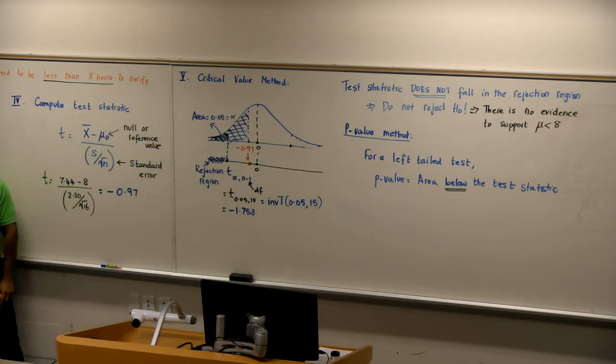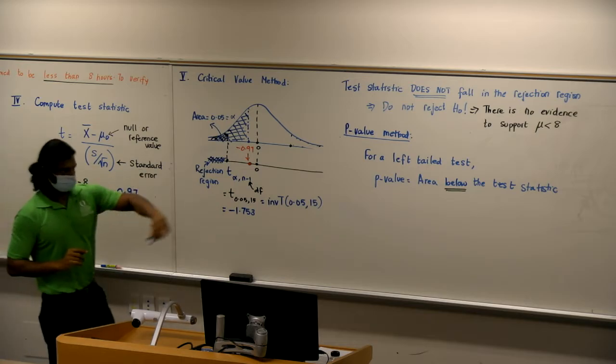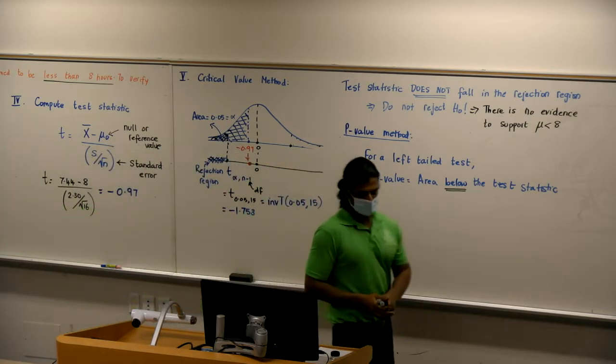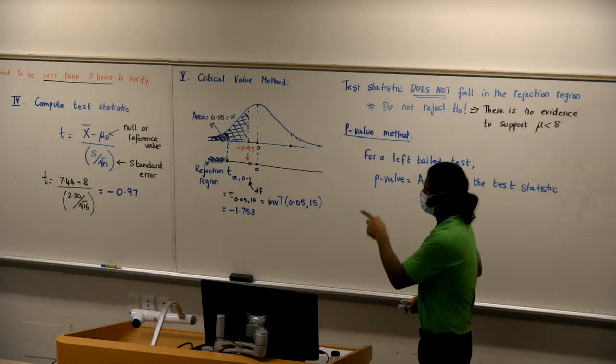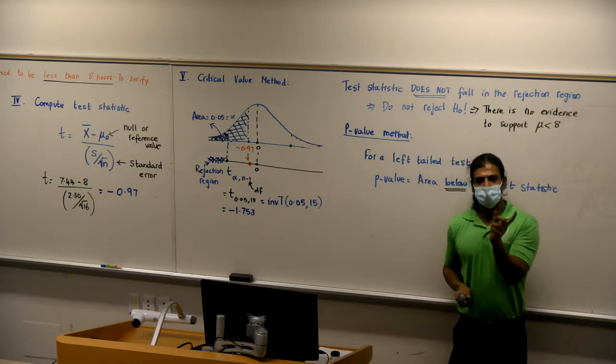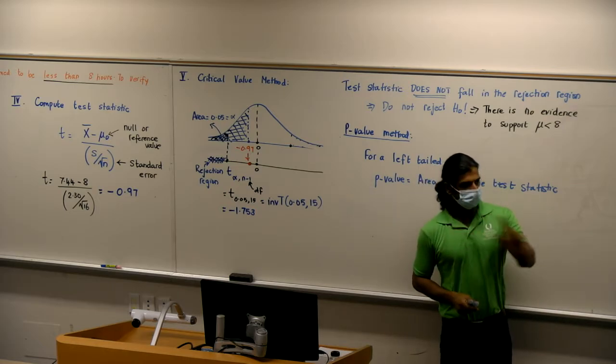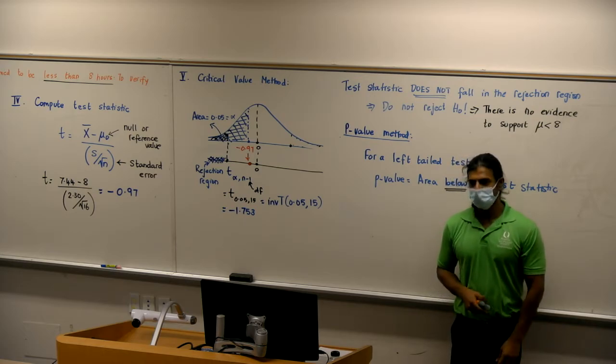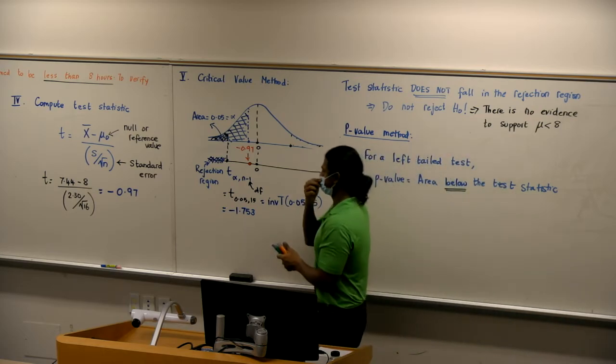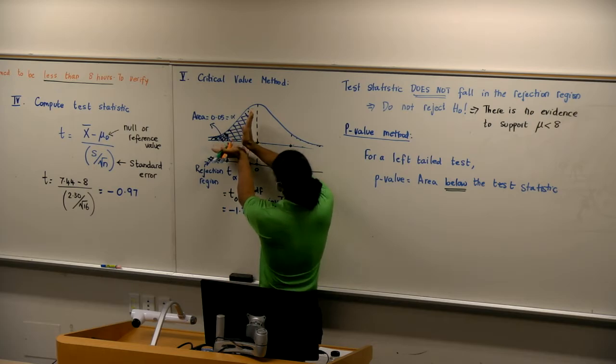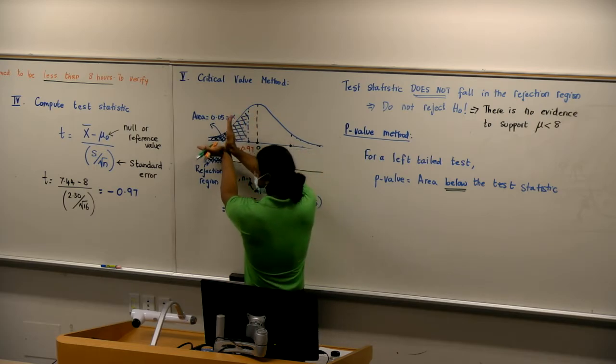Look at the picture and tell me, even before we get into the numerical value, do you believe that the p-value is going to be bigger than the 5% or less than 5%? It is going to be bigger than 5% because the area in blue is bigger than the area in black.